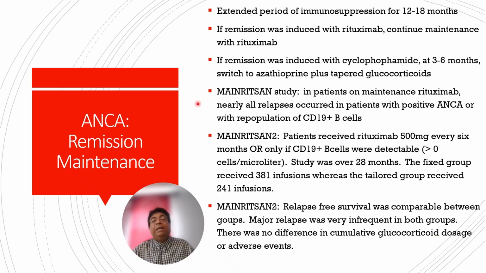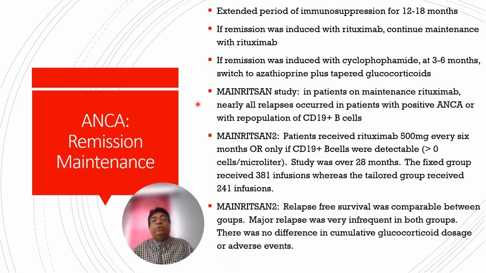Then you have the MAINRITSAN study, and in patients on maintenance rituximab, nearly all relapses occurred in patients with positive ANCA or with repopulation of the CD19 positive B cells.